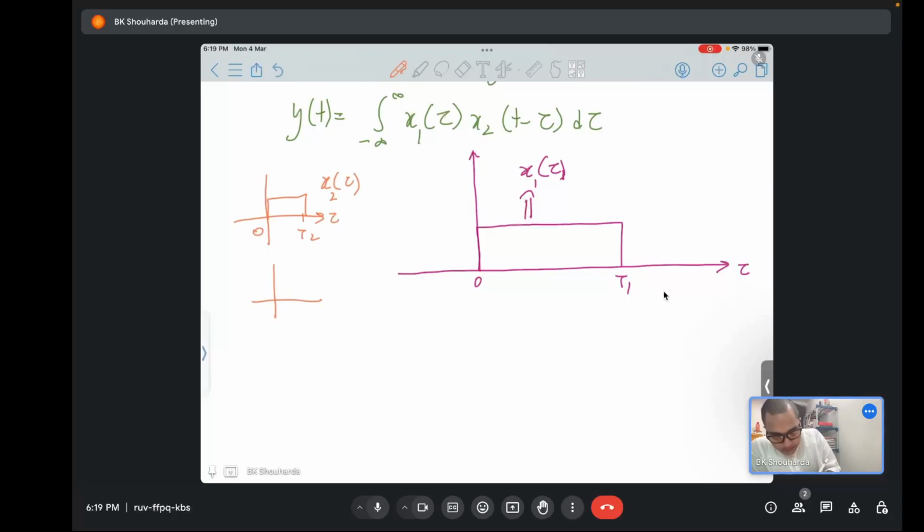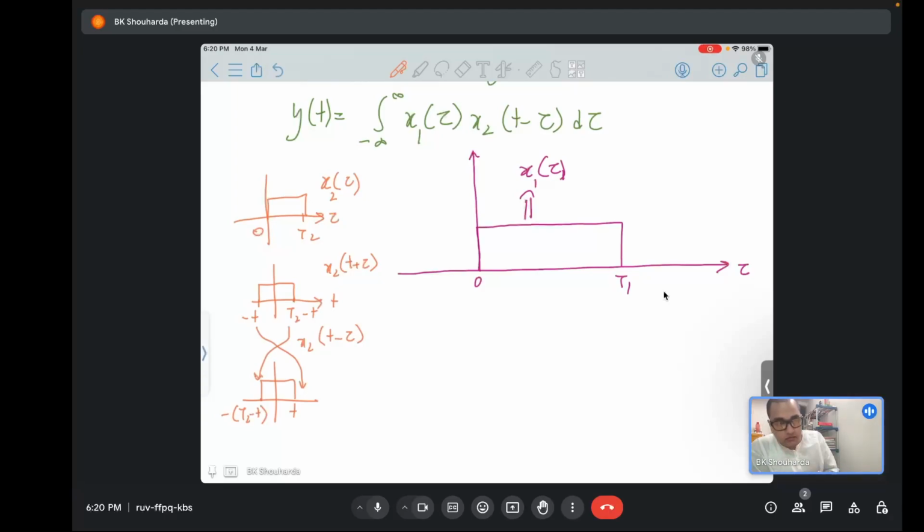Let me shift it to the right by t units. x2 of t plus tau means shifting to the left by t units, so minus t, and this is t2 minus t. So x2 of t minus tau will flip it, so this goes over here, becomes t, this goes over here, becomes minus t2 plus t.